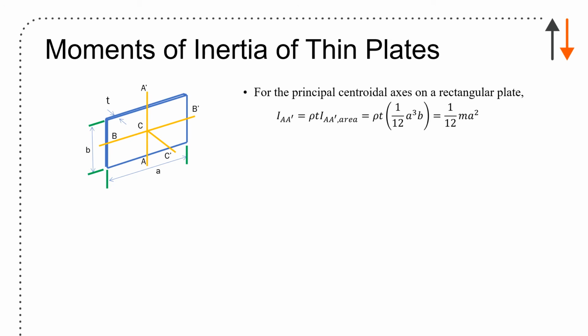So the most important relationships we can deal with for larger 3D objects are things like thin plates, principal centroidal axes on a rectangular plate. So we have here AA prime, BB prime, CC prime, same sort of thing. I AA prime is 1/12 m a squared. A is this distance right here.